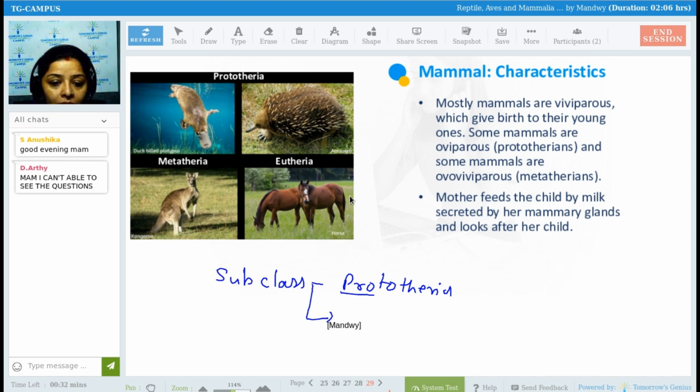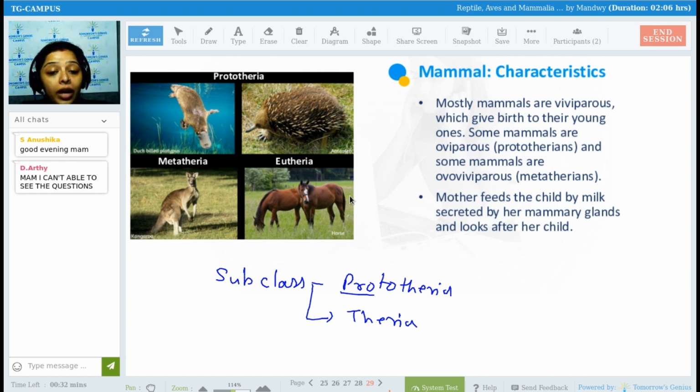Another subclass is Theria. Okay. Prototheria are the egg-laying mammals. They are having the mammary glands but without nipples.